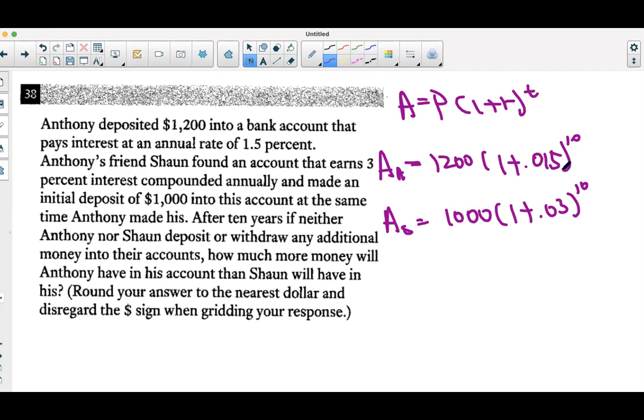The first one seems to be around 1392. And the second one is 1343.